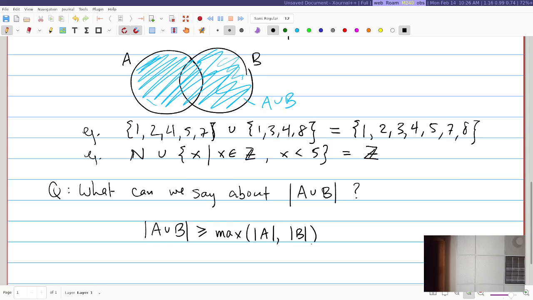If the smaller set was a subset. Right, if B was actually a subset of A, unioning it doesn't really change anything, because those are already all in there anyway. In that case, A union B would be equal to A, so they would have the same size. But I agree. Anything else we can say about it?